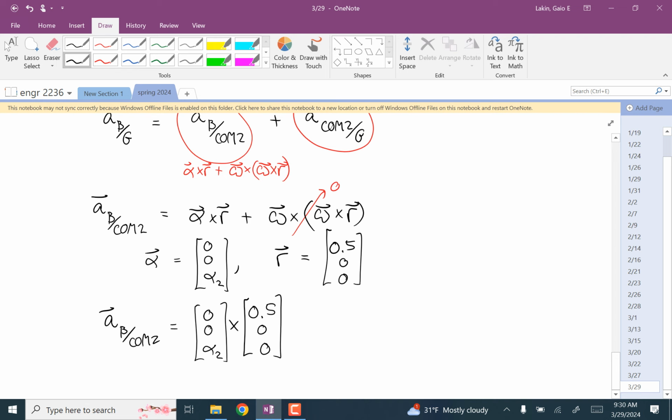By the way, if you have a TI-89 or a TI Inspire, it'll let you do these cross products with variables in there. If you have an 84, an 83, or an 86, I think you just have to do it by hand or use MATLAB or whatever. But okay, so this is 0 for X, and then positive 0.5 alpha 2 for Y.